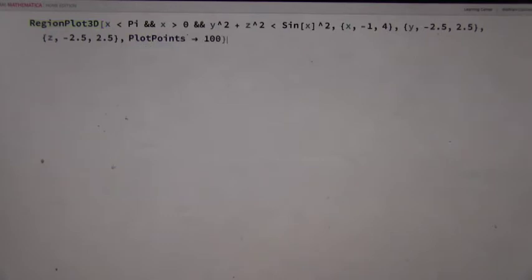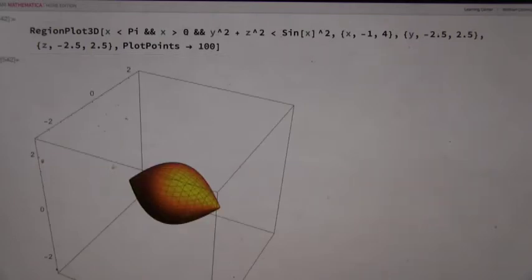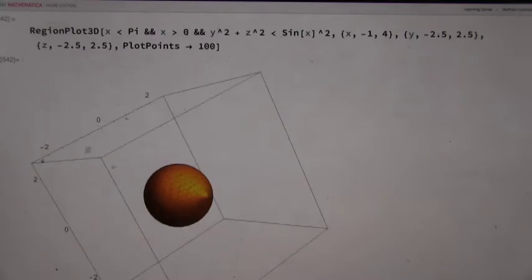So what do you think this is going to look like? It's going to look like sine x when you look at it straight on. But then maybe it's going to be like this hump shape, like maybe two humps. Yeah, I was thinking kind of like that, almost like an eye shape.